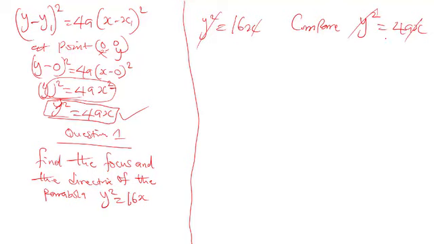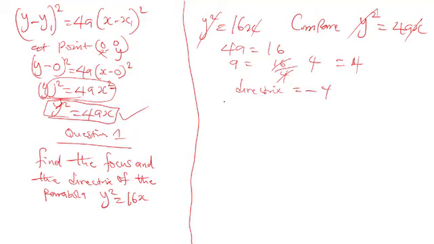Let's say that x goes with x, and y squared goes with y squared. We have 16 equals 4a. So 4a is equal to 16. Now a equals 16 over 4, that is dividing both sides by 4, and 16 divided by 4 is 4. So the value of a is equal to 4. And remember, if this is 4, then the directrix will be equal to minus 4.